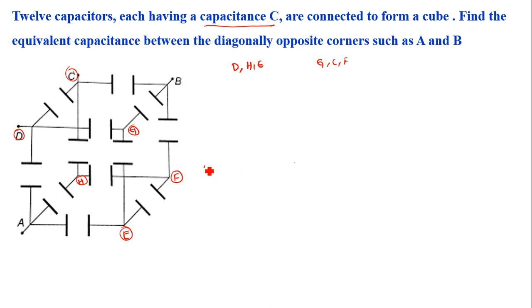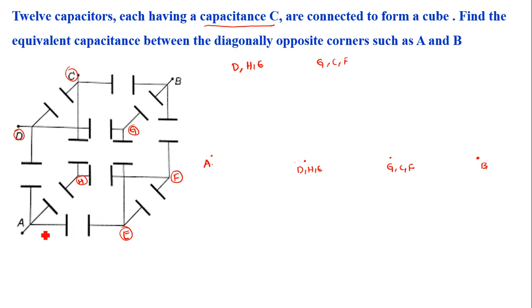Let us consider A is here, another point where you have D, H and E, another point where you have G, C and F, and the last point which is B. Now let us take each and every capacitor and strike it off.